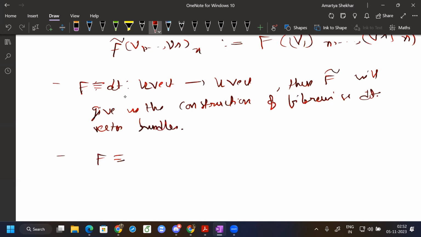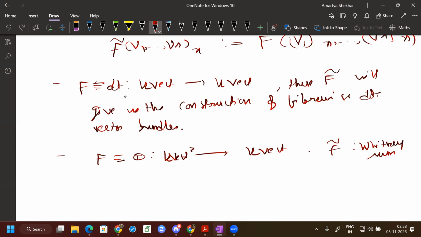Now if F is the direct sum, from K-Vect squared to K-Vect, where n equals 2, then this is just the Whitney sum.